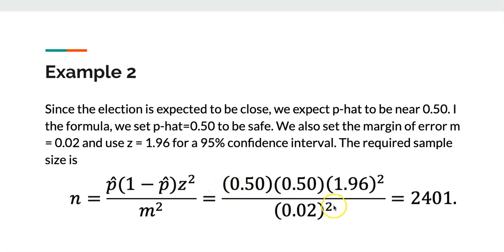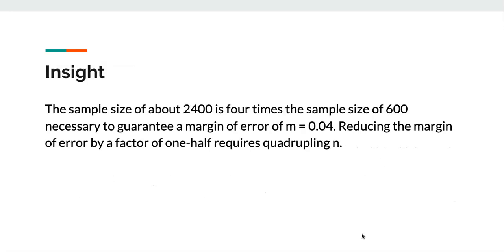Then you get, look at that sample size. When they wanted to decrease the margin of error from 0.04 down to 0.02, the sample size increased up to 2,401 people. So the sample size of about 2,400 people is approximately 4 times the sample size of 600.